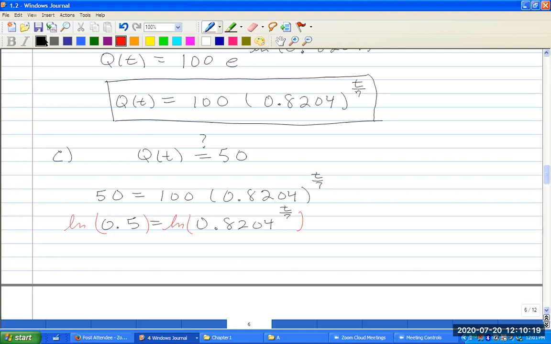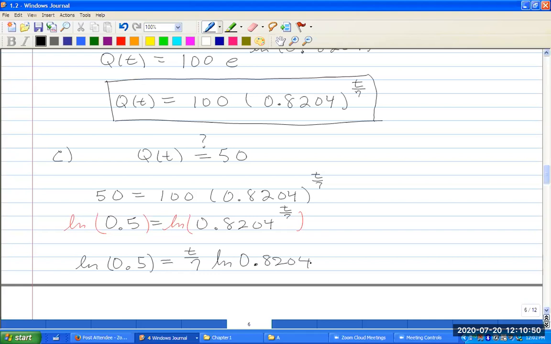Ln cancels the exponential, so this is going to be ln 0.5. I can bring the exponent out in front, so this is t over 7 times ln 0.8204.